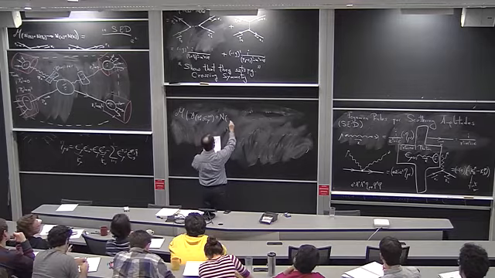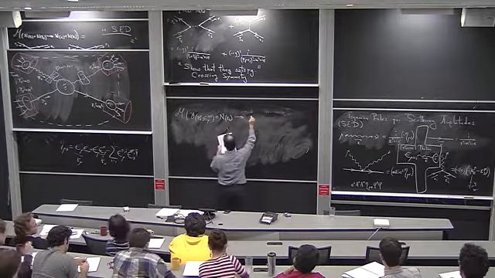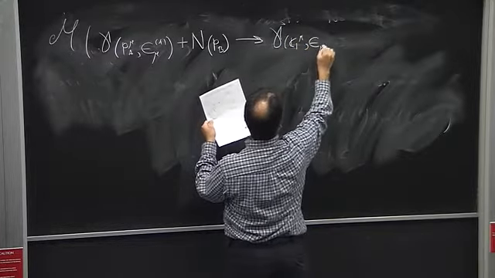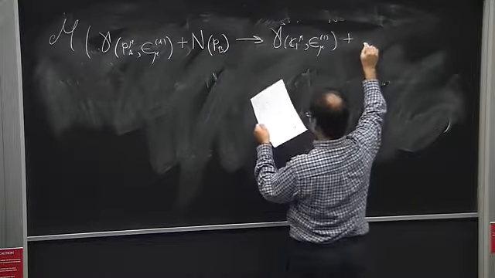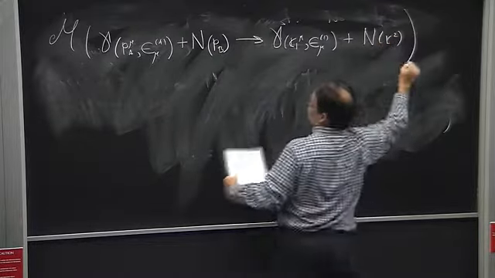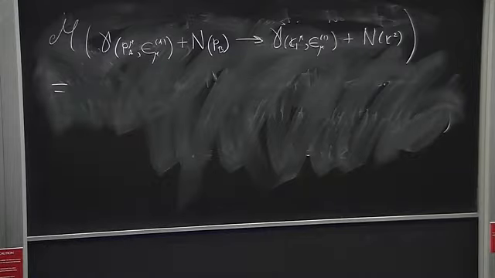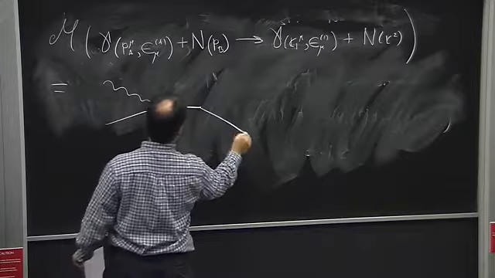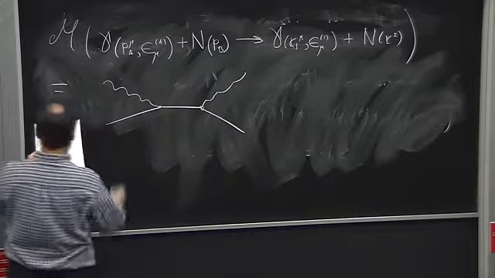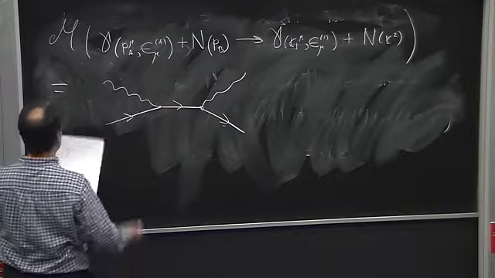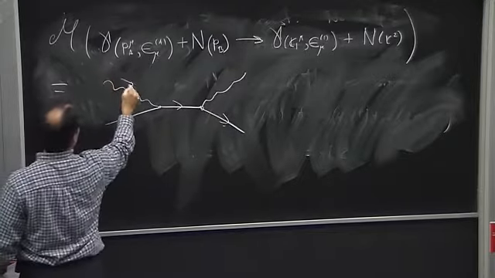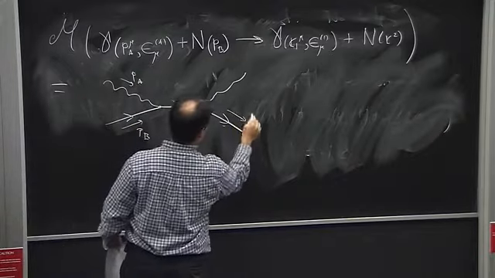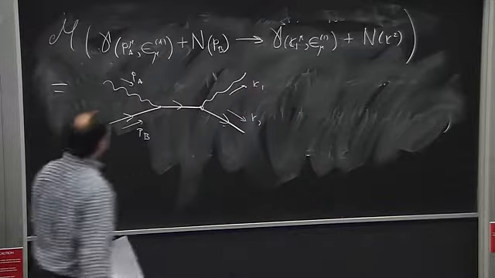So if we do something like this, then you just sit down and write down the Feynman diagrams. Which Feynman diagram can we write? We can write something like this, where we have our p_A going here, p_B, k_2, k_1.